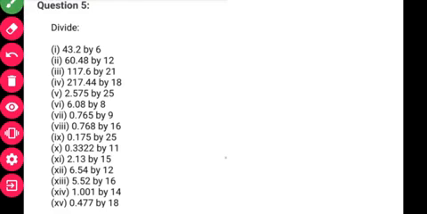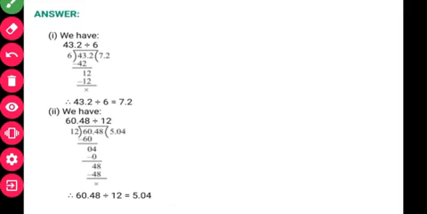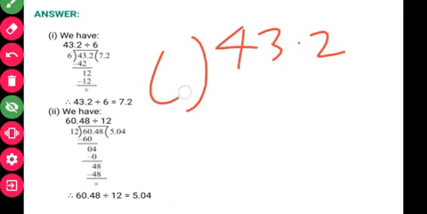Now question number 5 is given. Divide 43.2 by 6. So this question number 5 is a type of decimal divided by a natural number. So divide 43.2 by 6.